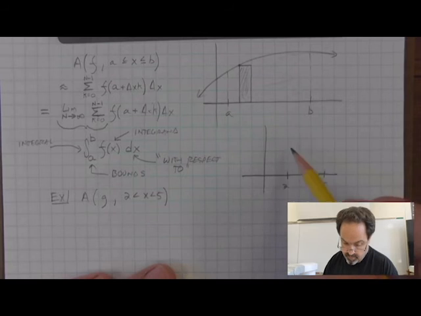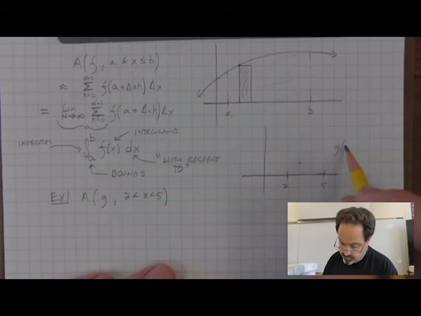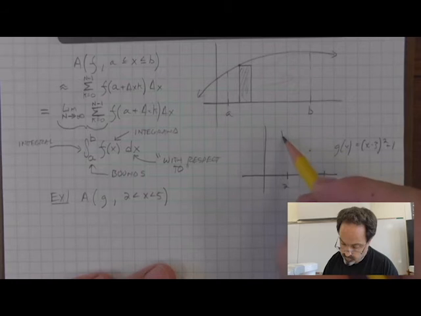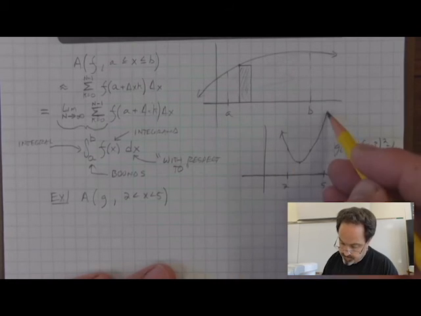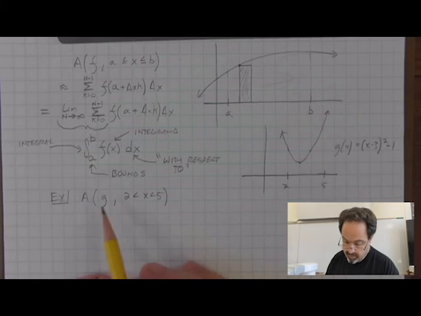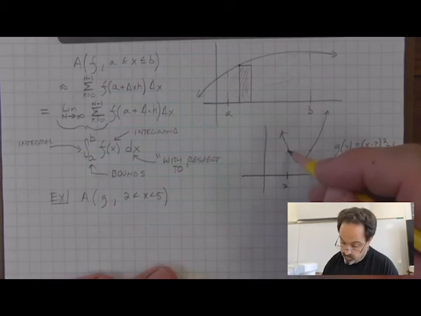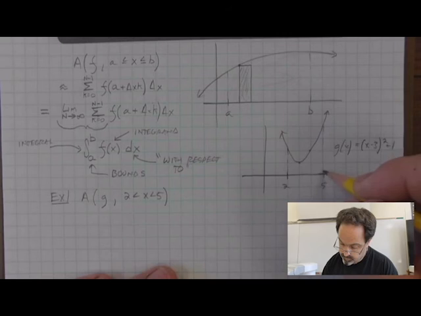Let's imagine that the g function is x minus 3 all squared plus 1, which is a transformed quadratic. The area under g from 2 to 5 would be the region shaded between g and the x-axis.